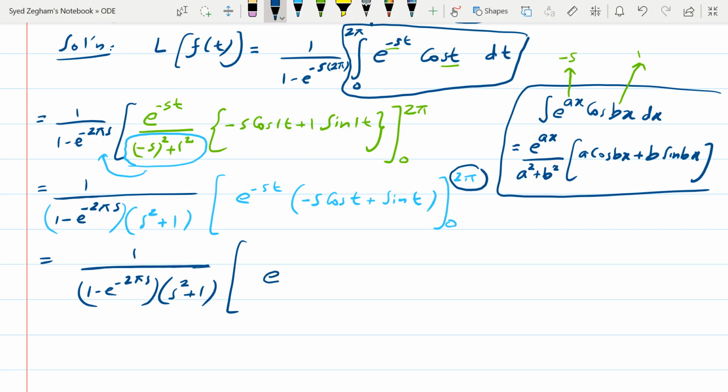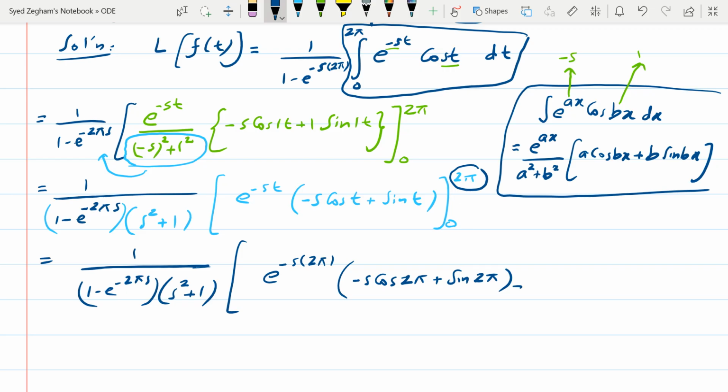So we get e to the power minus s times 2 pi, times minus s cosine 2 pi plus sine 2 pi, right?